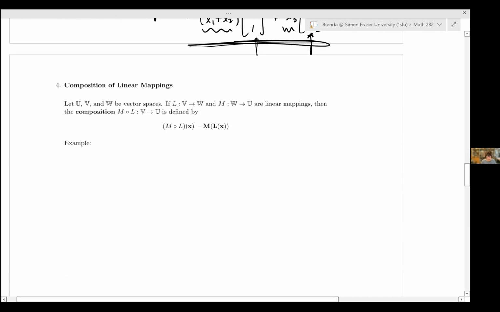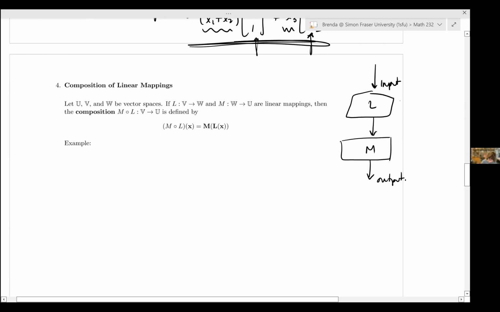And that means that we can do one input and then do a second input. I'm thinking of it like this. We have some sort of input, and then we have linear mapping number 1. Let's call that L, and then we come down and we get some output from that, and then we have linear mapping number 2, and then we get a final output.